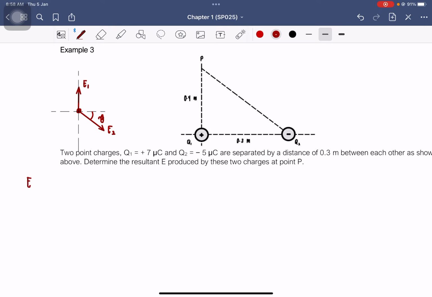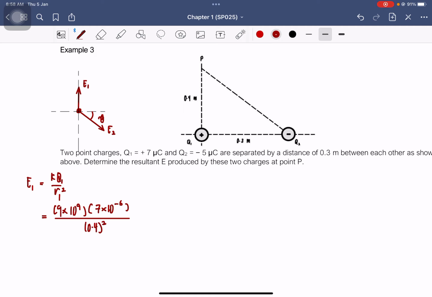So E1 is equal to KQ1 over r1 square. This is 9 times 10 to the power of 9, Q1 is 7 micro, and then we have the distance, which is 0.4 square.